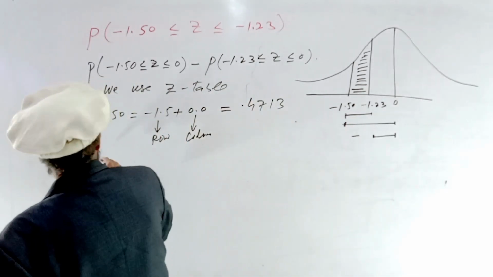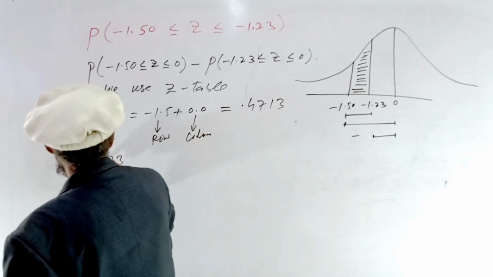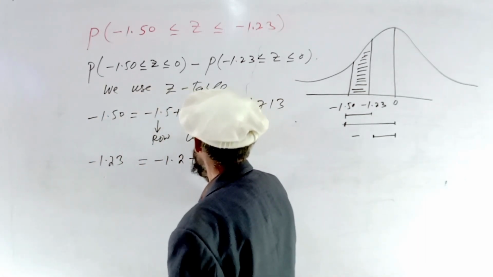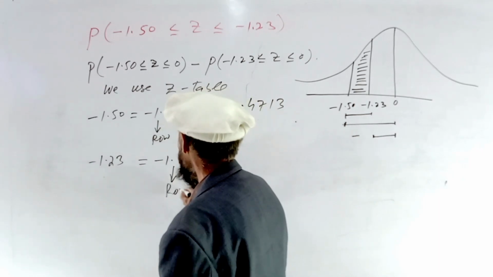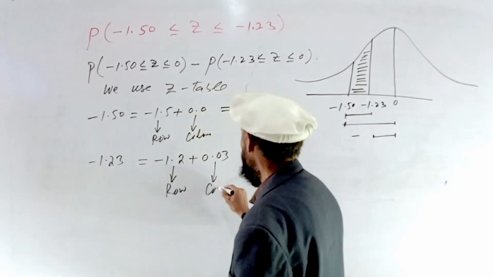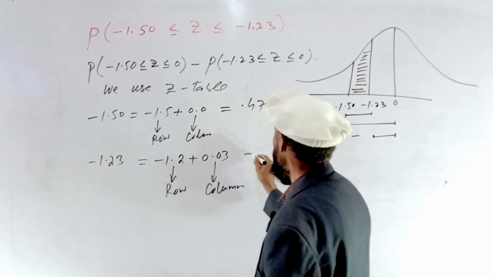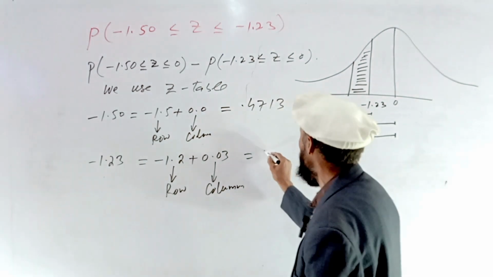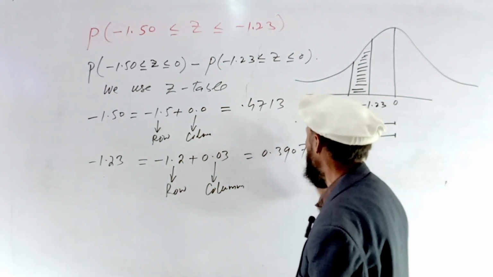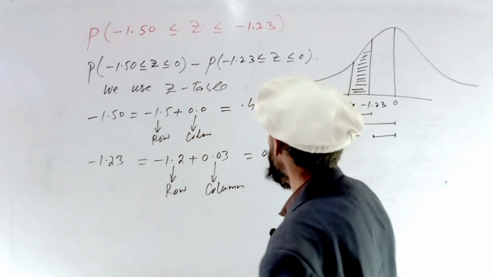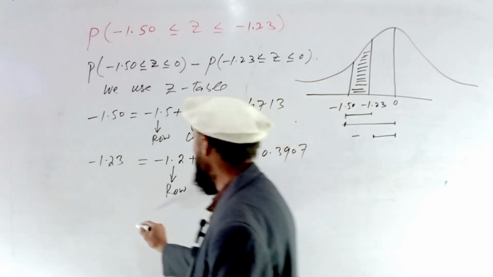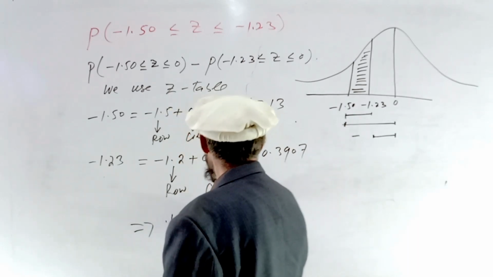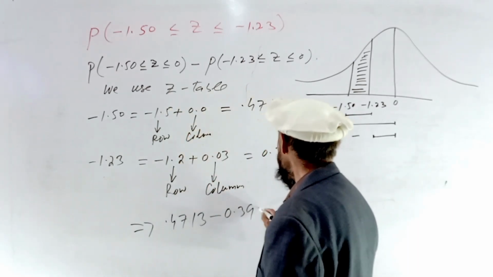Similarly, for minus 1.23, we check minus 1.2 plus 0.03. This is the row and the column of 0.03. If we check the table, we get the answer 0.3907. So we substitute both values: 0.4713 minus 0.3907.